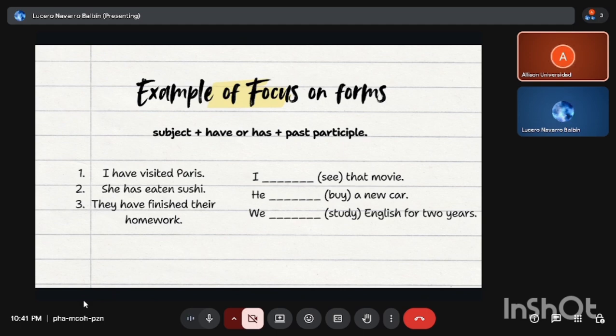Now in the semi-controlled production. I again as the professor. Now it is your turn to create. Tell me something you have done in your life. Use the present perfect. For example, I can say, I have climbed a mountain. A mountain. How have you? Think of something and make a sentence.